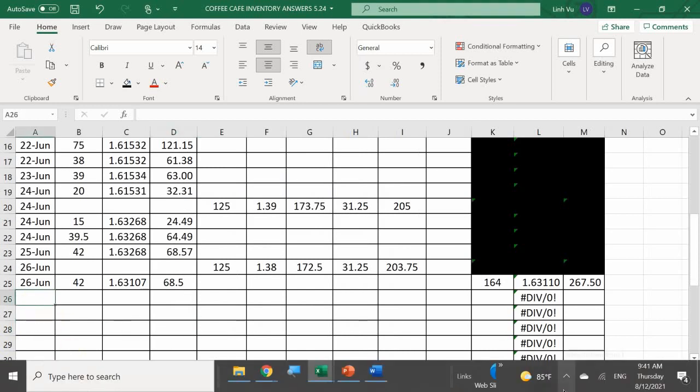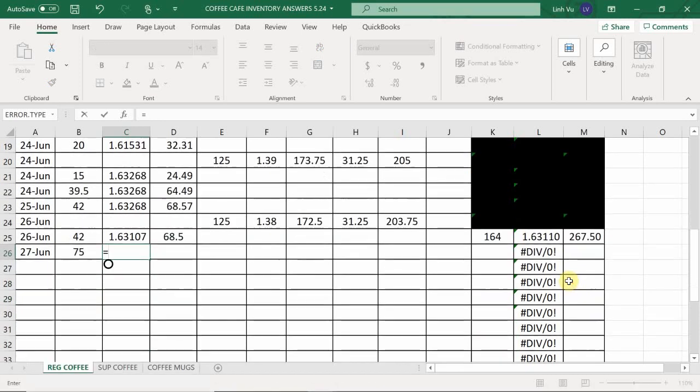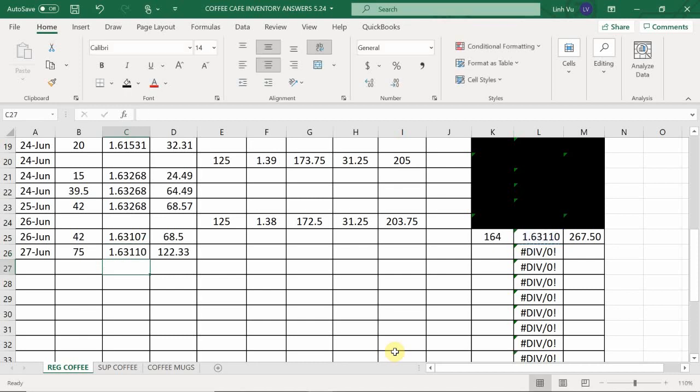If we go to regular coffee, we're going to put 6/27 for the date, 75 pounds. The last price was 1.63110, and that gives us a total of 122.33.